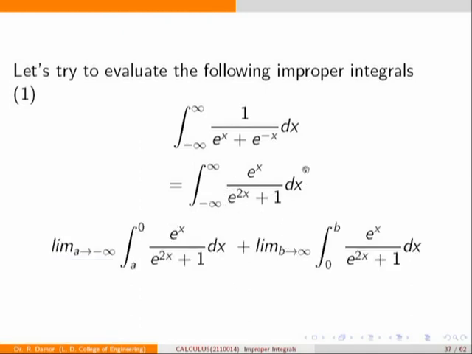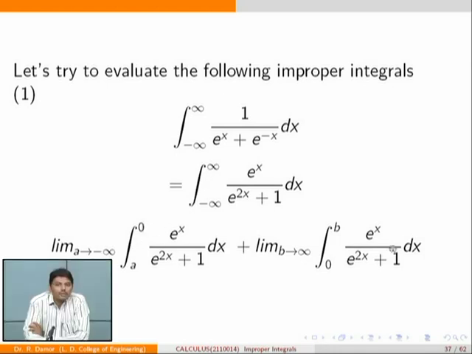This can be divided into two portions, minus infinity to 0 and 0 to infinity. For minus infinity to 0, I take the limit a tends to minus infinity of the integral from a to 0, and for 0 to infinity, I take the limit b tends to infinity of the integral from 0 to b of e raised to x upon e raised to 2x plus 1 dx.